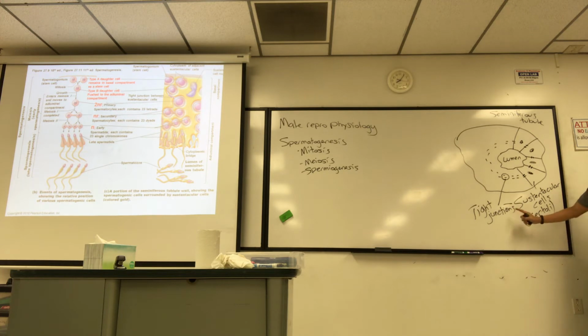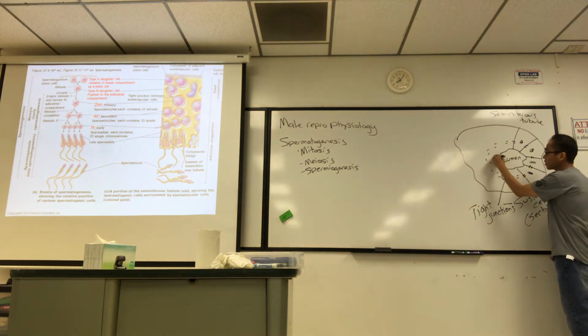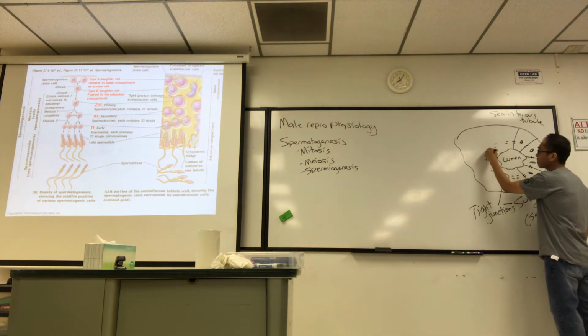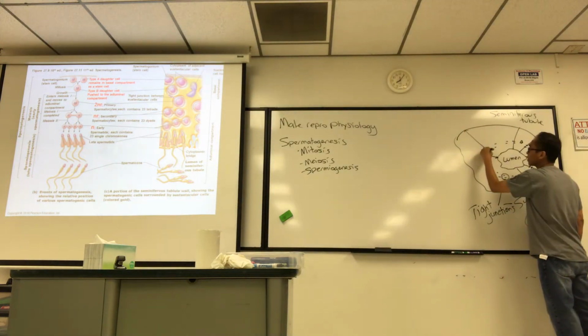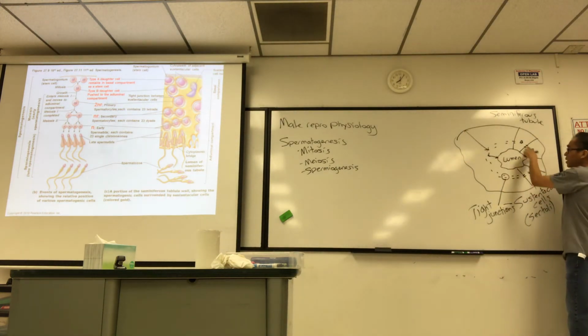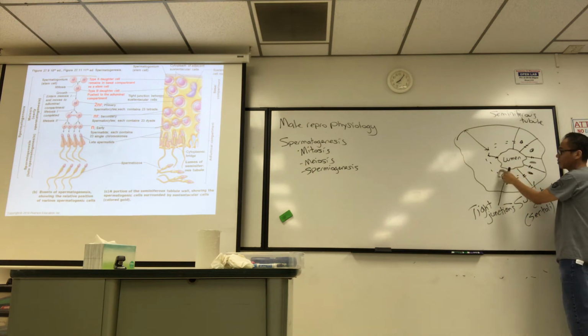But anyways, the reason why I present the tight junctions create these boundaries from here to here, and from here to here. We call this compartment right next to the lumen the adluminal compartment. Okay.